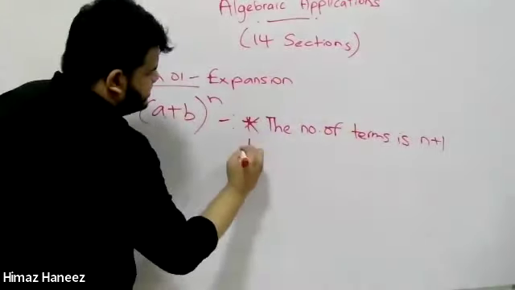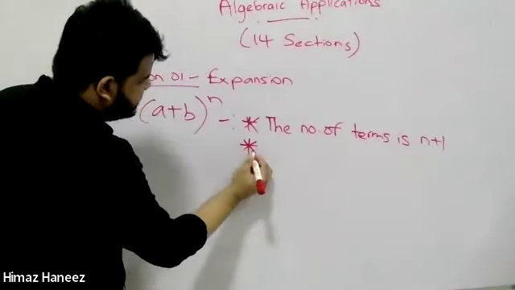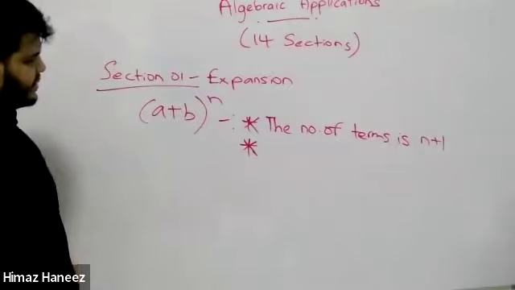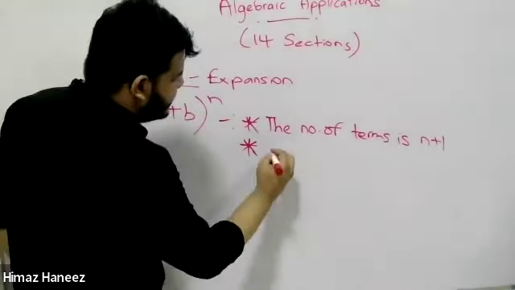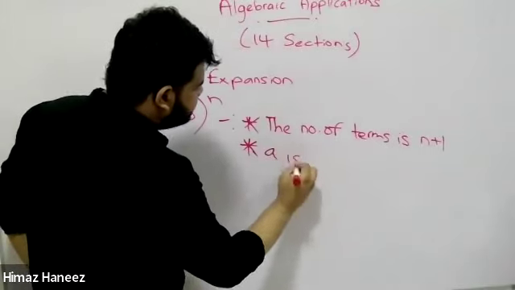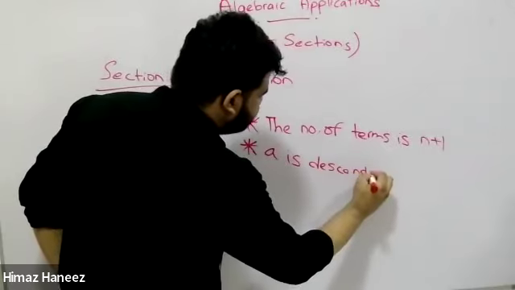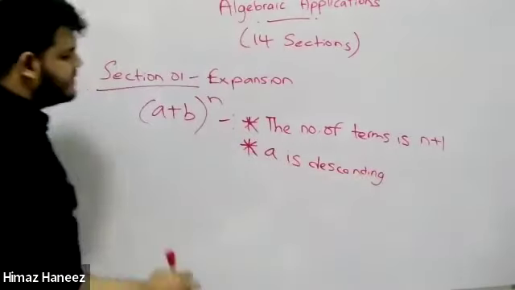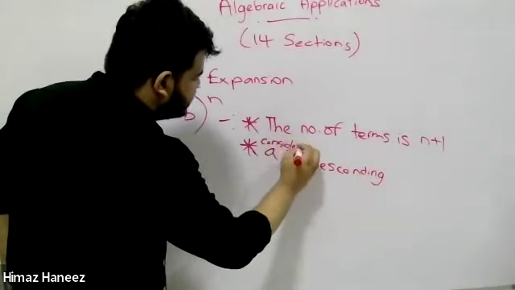Okay. The second statement they told was, in any expansion, we have to consider one term, a or b, and say a is descending. Just consider a is descending. I'll explain why it's descending and everything.